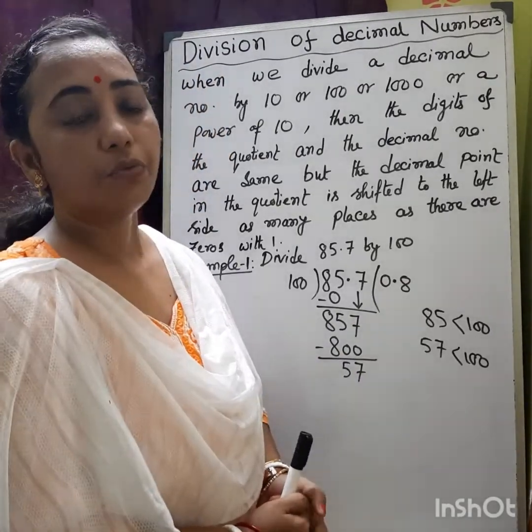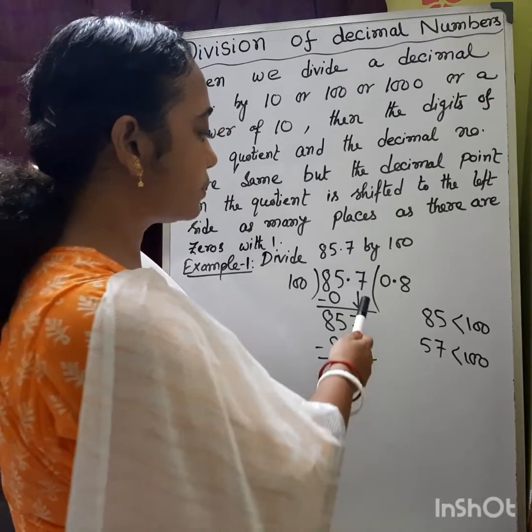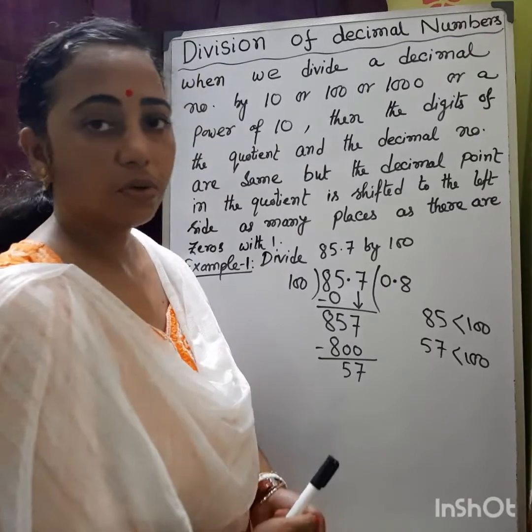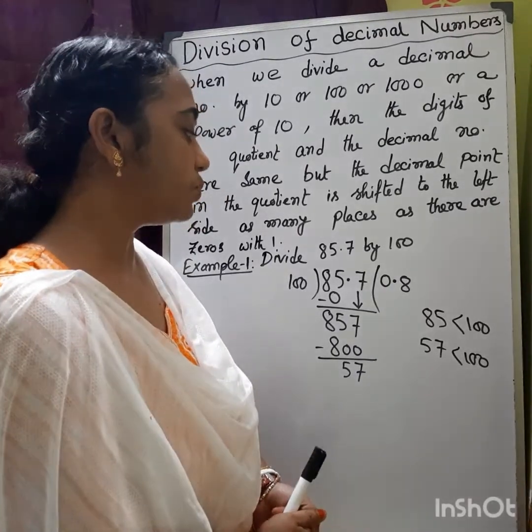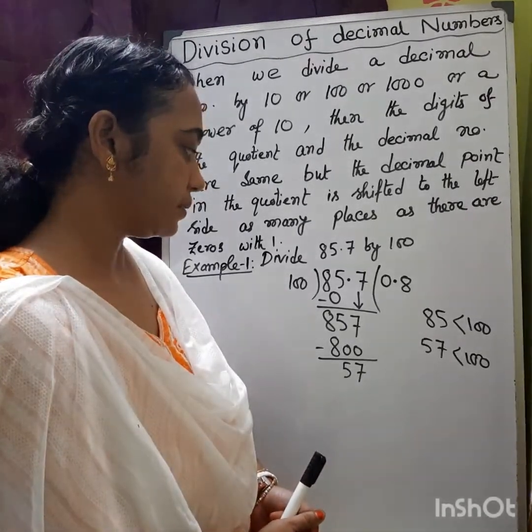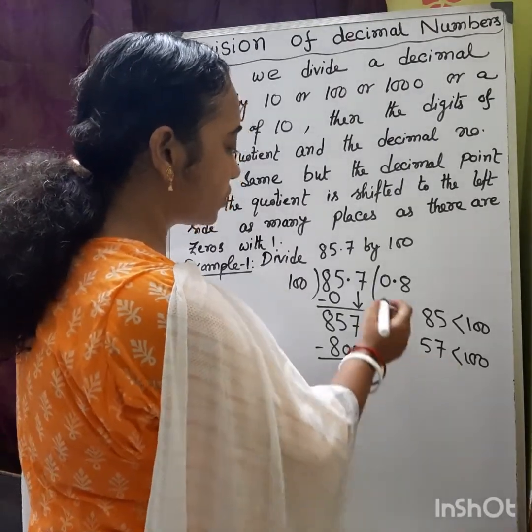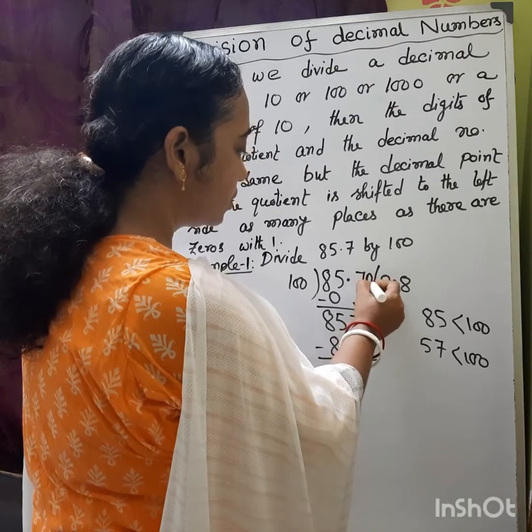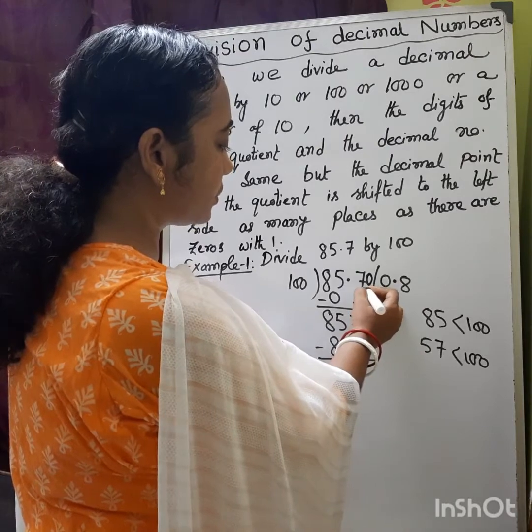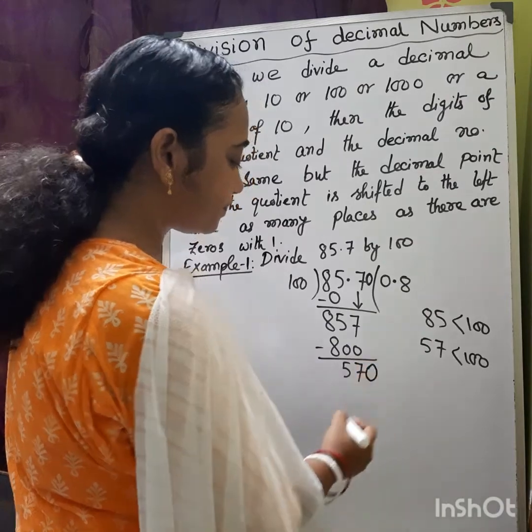So in this case we can place 0 to the right of the decimal part of the dividend, and also bring the 0 into the remainder each time, and continue the division until we get 0 as the remainder.